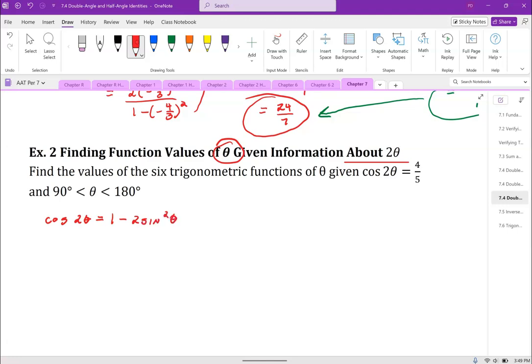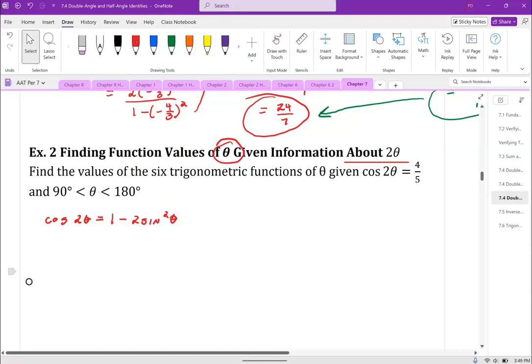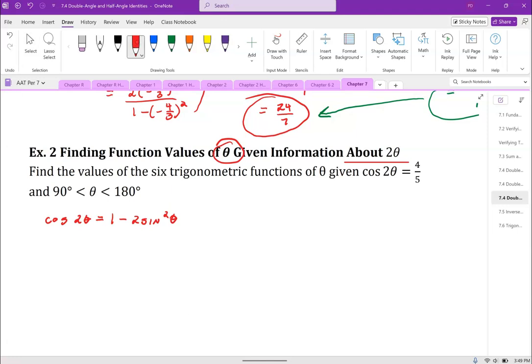And the reason I start here is because I don't know what cosine of theta is, so I kind of want to avoid that one. And the one that has cosine squared minus sine squared, we'll show you that in a minute. So I want to go with the one that's going to give me sine. And again, it's because I'm kind of hyper organized. I like to start with the first one, so that's why I'm going to go with this one.